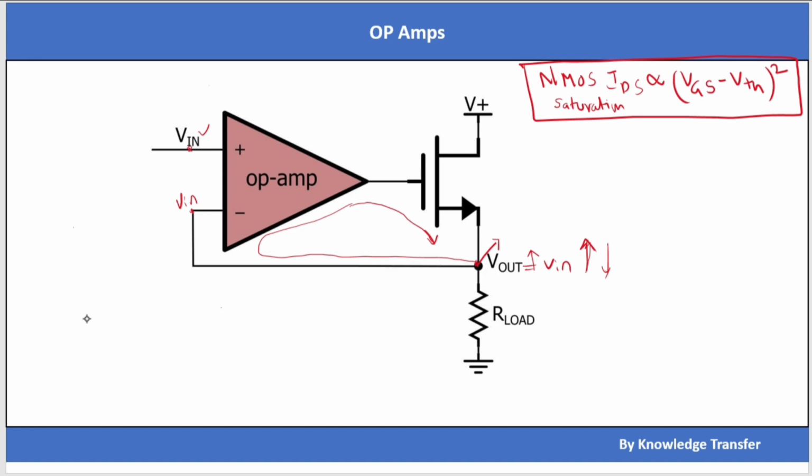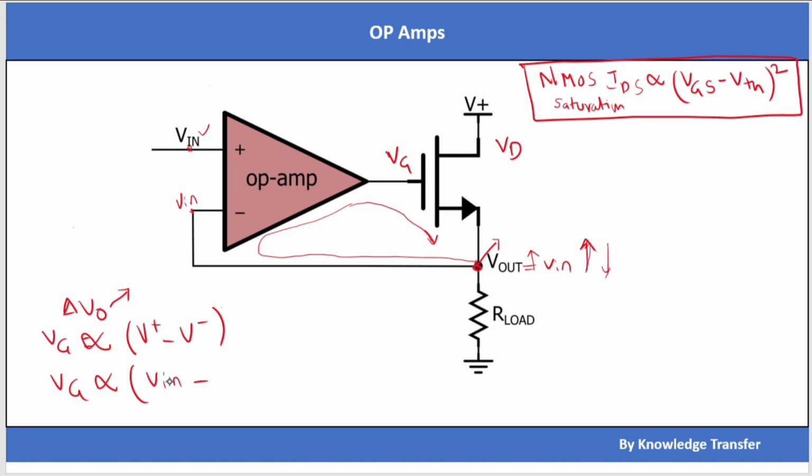Let's assume a small disturbance delta V naught occurred at the output. This is Vg, this is Vd. Vg is proportional to V plus minus V minus. V plus is V in, and V minus, taking only the disturbance, will also change.